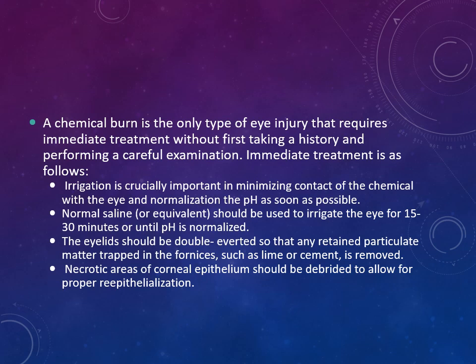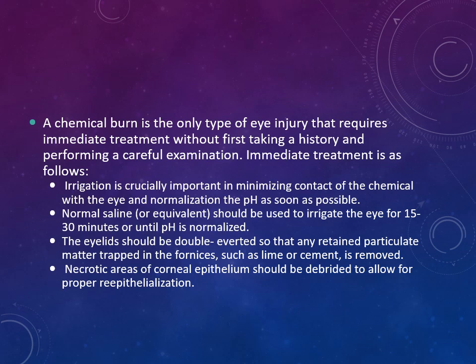And the immediate treatment is by copious irrigation. So we put the patient on a couch, we bring the normal saline bag or Ringer lactate bag, open the IV set, and start irrigating the eye of the patient, double everting the eyelid to remove whatever residual particles there are of the offending material.